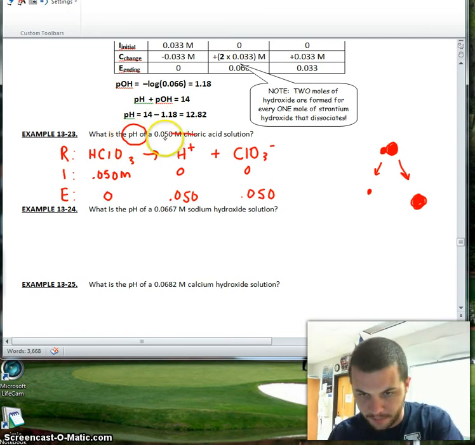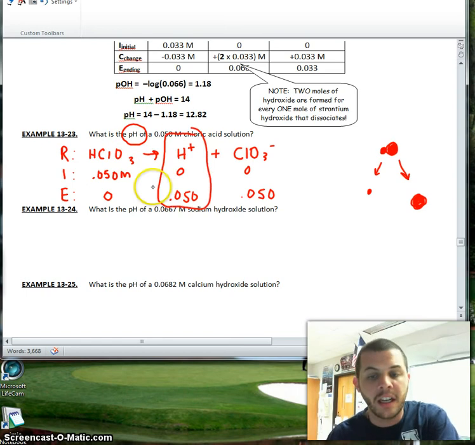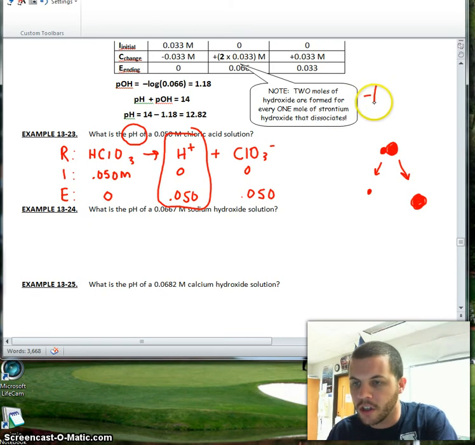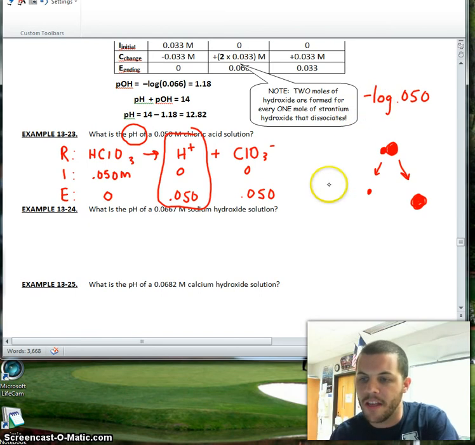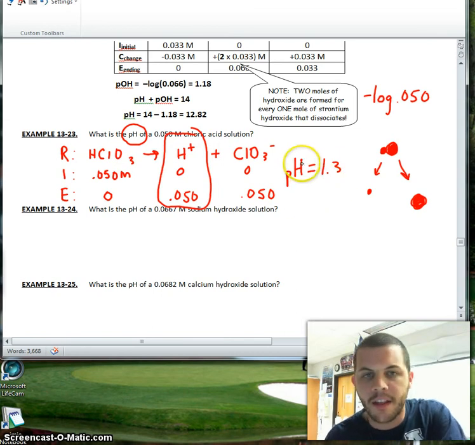Lucky for us, we've got it right here. So I'm going to take this 0.050 molar and do the negative log of that number, 0.050. I type that into my calculator and I get a pH of 1.3. And that's how these problems work.